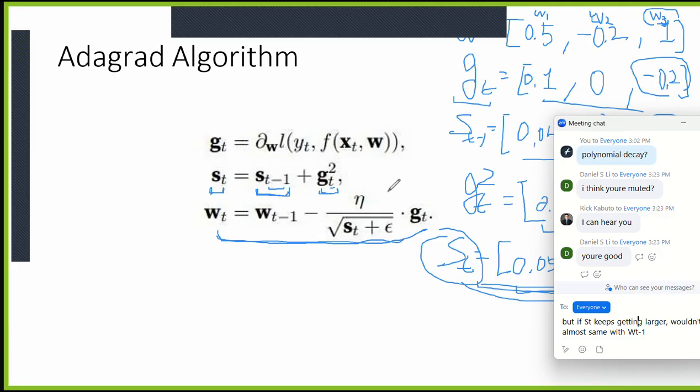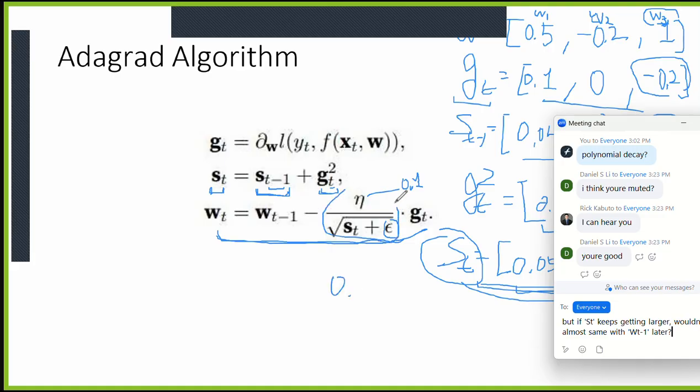So if we set eta, the learning rate, as 0.1, and this epsilon is again just for numerical stability, to avoid division by zero.